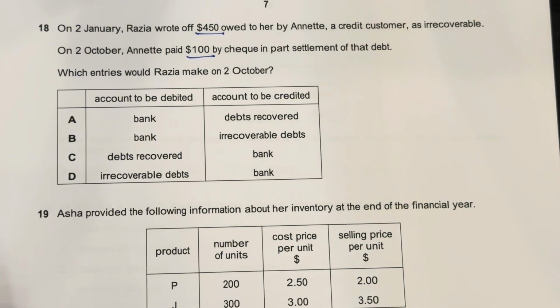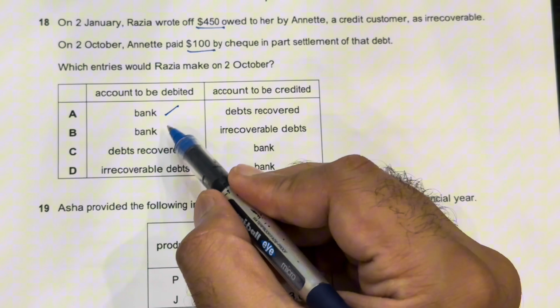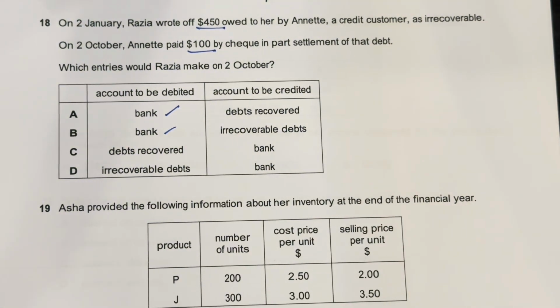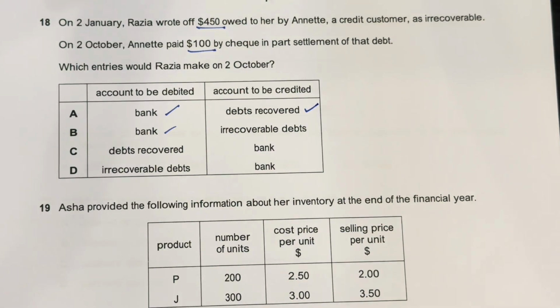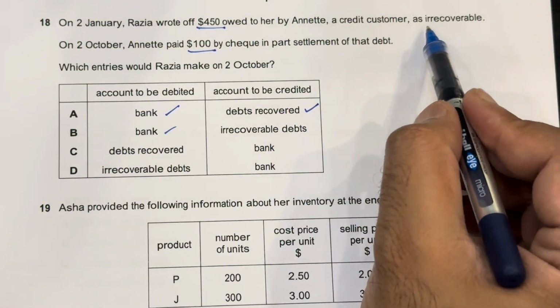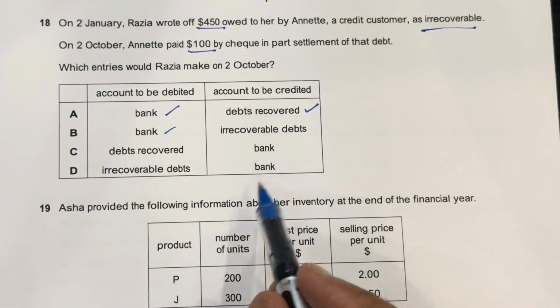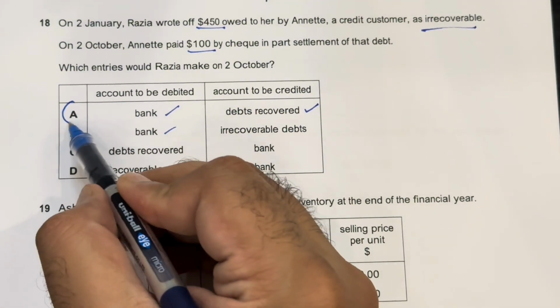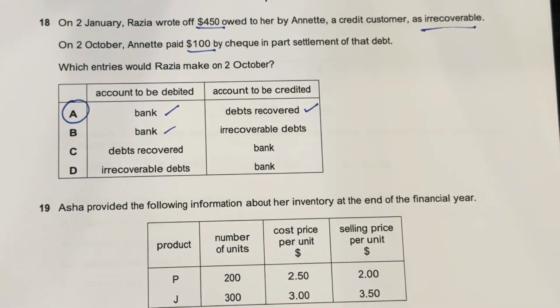Because she had received the amount of $100 through cheque, options A and B both should be debited, and the credit should be debts recovered, because Razia had already stated it as irrecoverable. So we have recovered the debt. So option number A is the right answer.